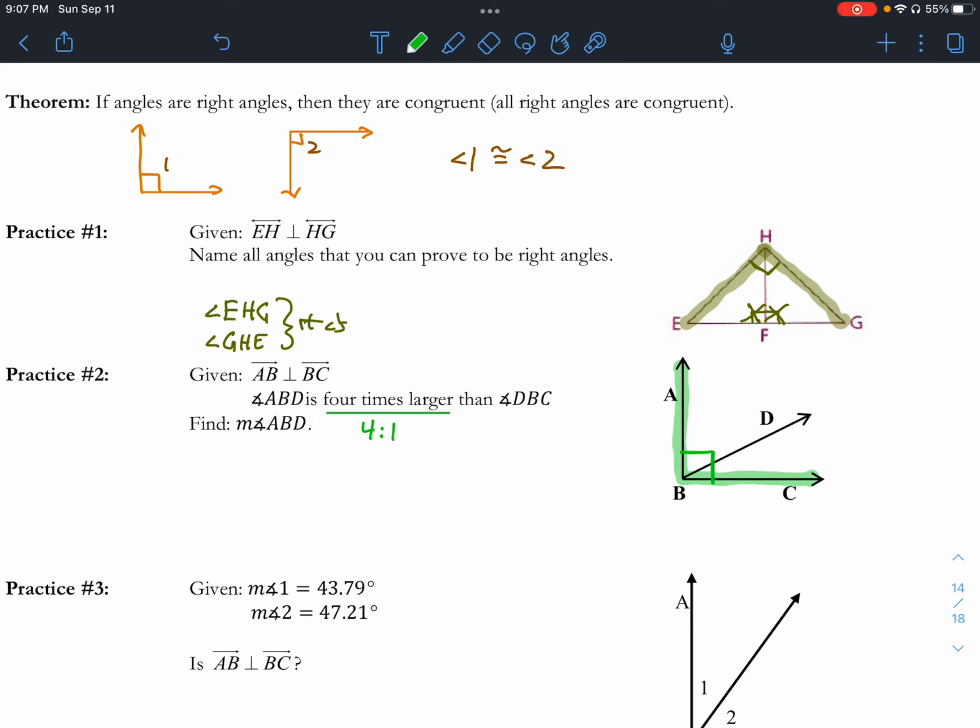If it's 4 times larger, it means it's a 4-to-1 ratio. And whenever we use that word ratio, we should include x's in these numbers. The first angle that they gave us is ABD. Angle ABD is labeled as 4, whereas DBC is labeled as 1. And since it's a ratio problem, we are going to introduce the x's to these to help us out.